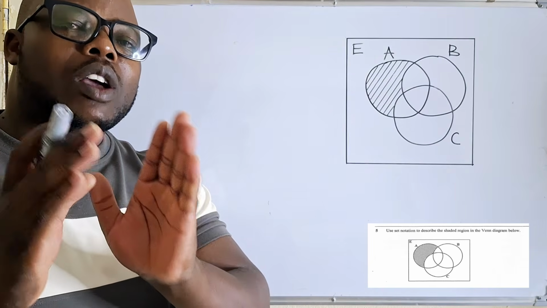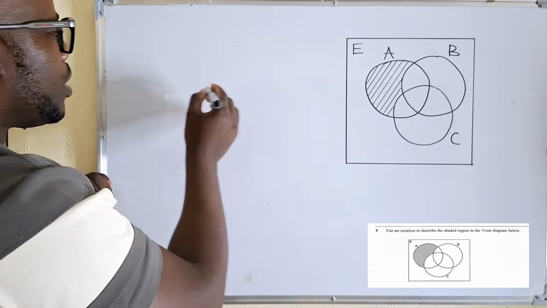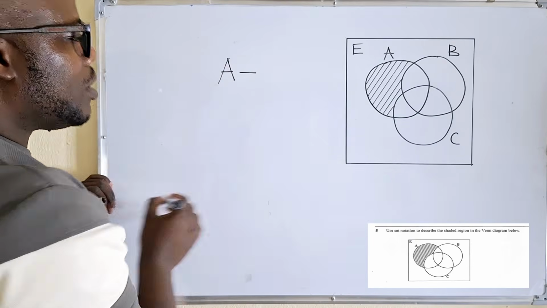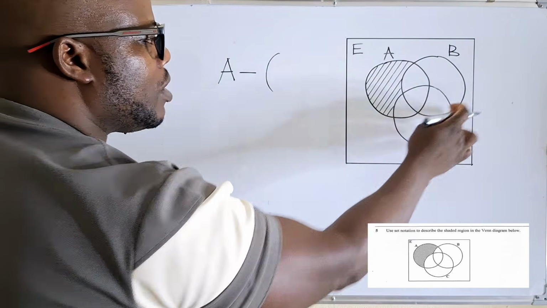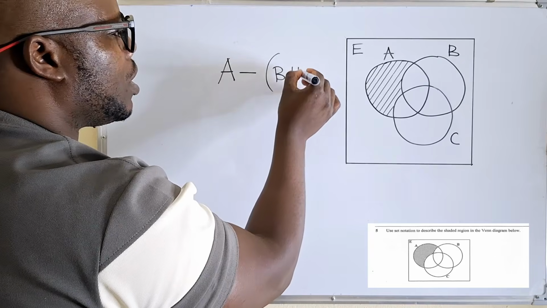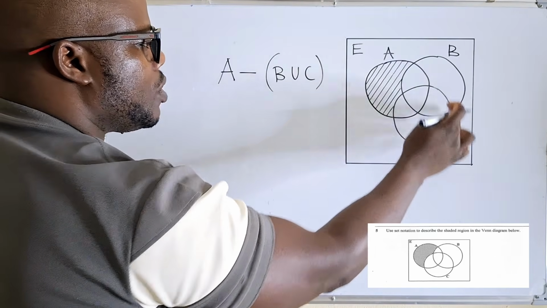Okay, set A only. So if you're able to see here, this is A, minus this part, B union C.